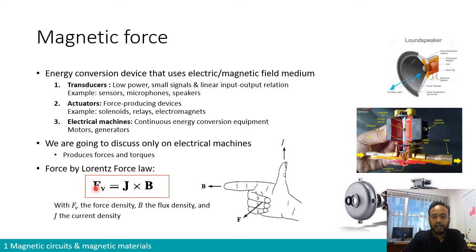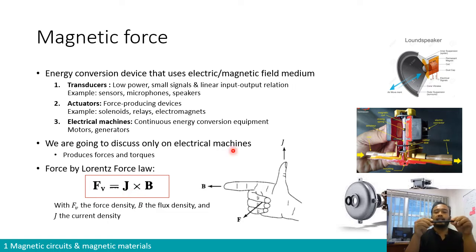The force here, FV, means it is per unit volume, so it's a volumetric force, equal to J cross B. So what is J? J is the current density, and B is the flux density or magnetic field. The equation is written for a unit of volume, but it is also true, if you multiply by volume, for a certain point in a conductor.